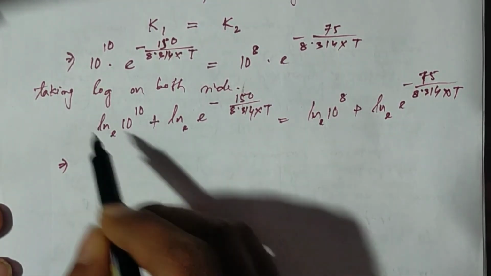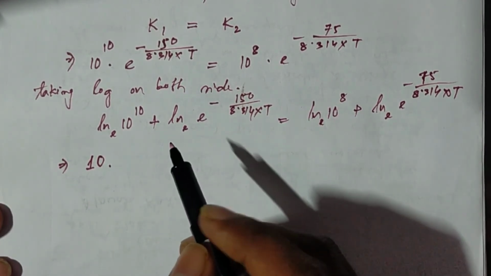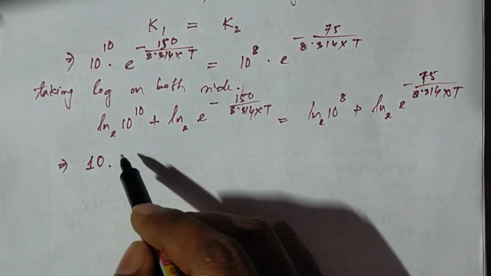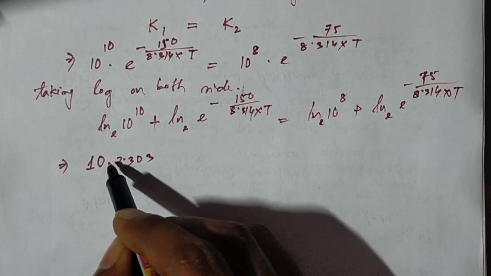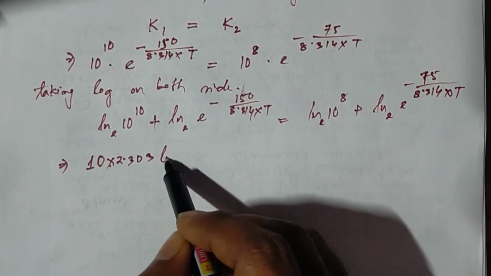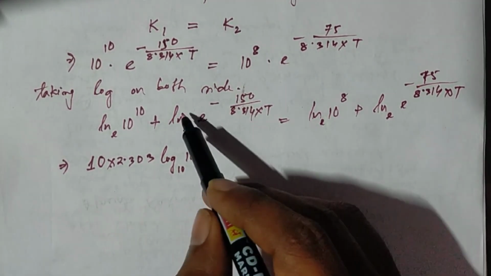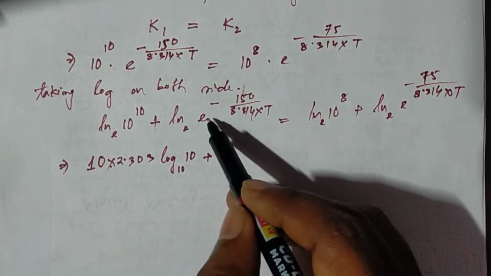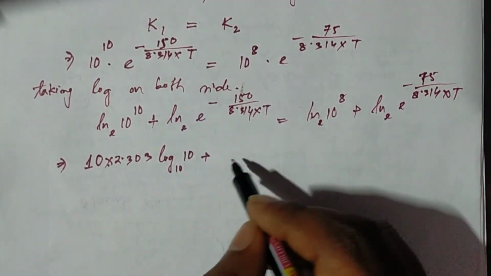This 10 will come in front of this ln 10, and I will write ln in terms of log. So I have to write 2.303 multiplied by log 10 plus, as it is base e, and here it is e, so only this power part will remain here.